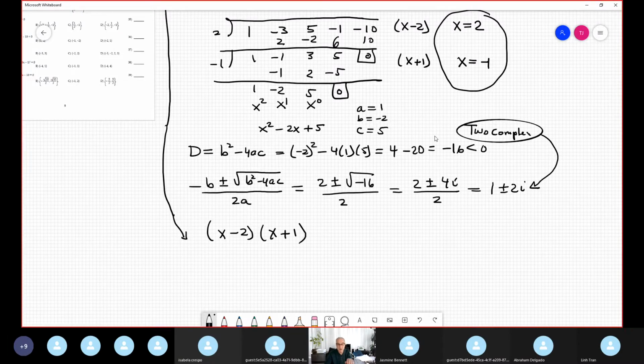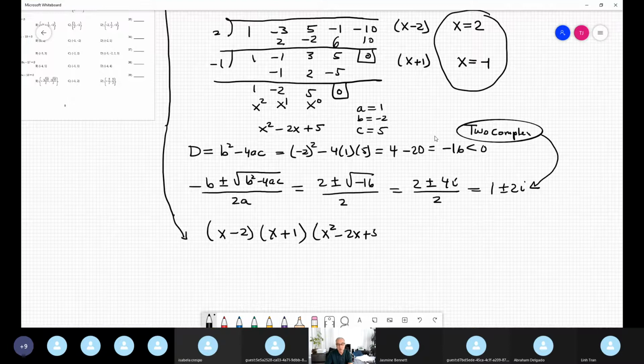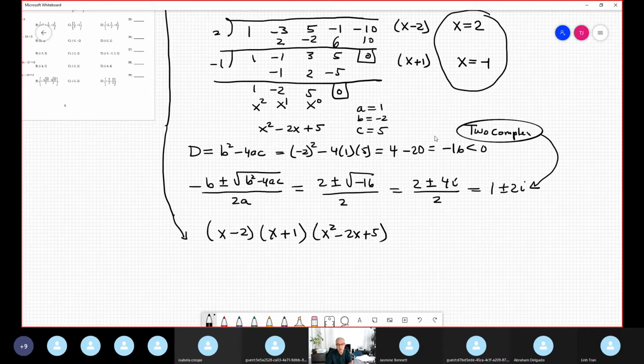And I suppose that is top. In the real field, we have x squared minus 2x plus 5, which I discovered is an irreducible quadratic expression.